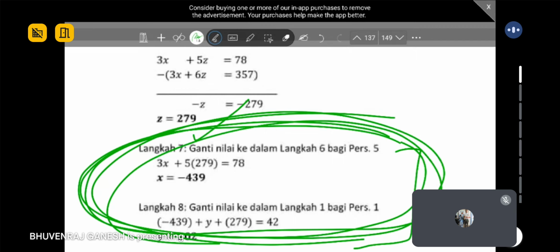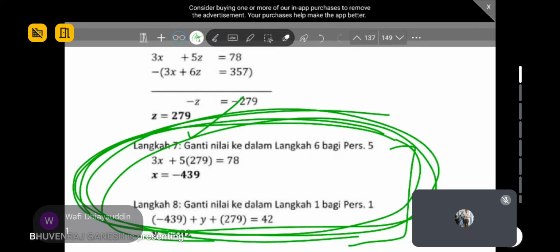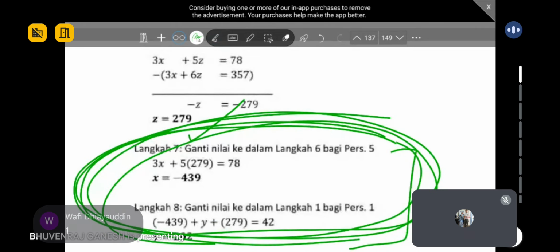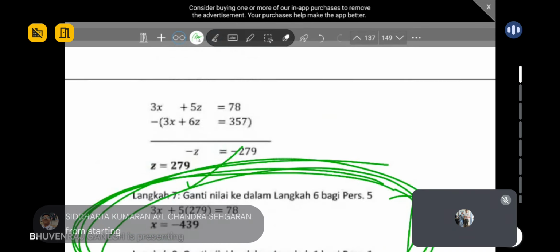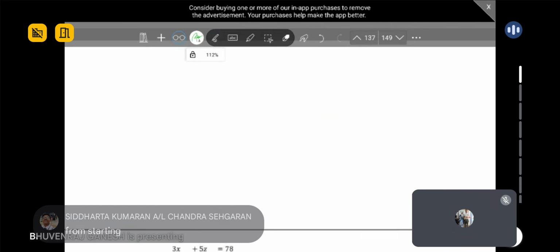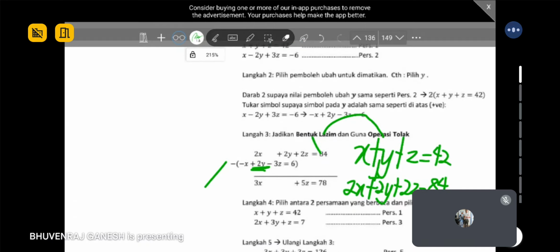Can you understand, guys? One or two? Siddhartha, which part you don't understand? Which part don't you understand? Is it this final one? From the start. Okay. Wait guys, slowly.